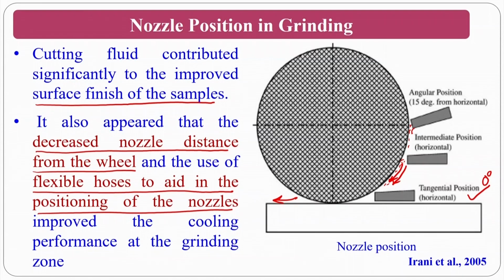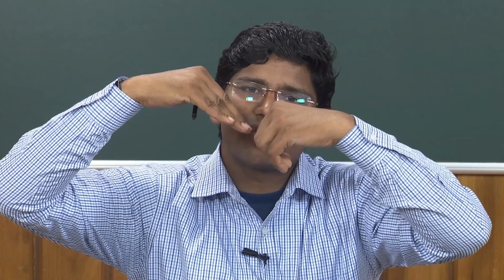Normally, if you give a certain angle, at the same time you have to find a certain optimum distance. Assume that my grinding wheel is like this. I cannot put the nozzle far away from this, I cannot put it touching this, or I cannot put it here. You should find the optimum distance, and at the same time the optimum angle at which I have to send.